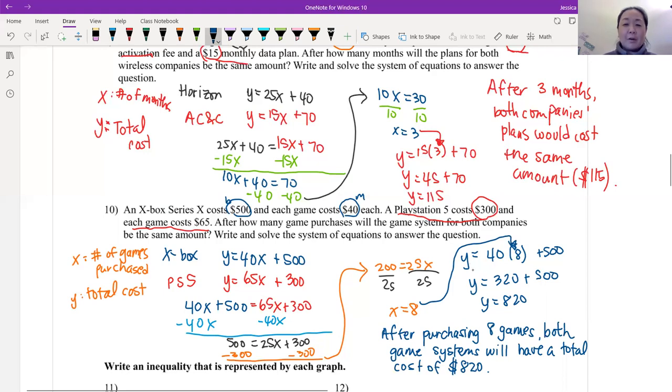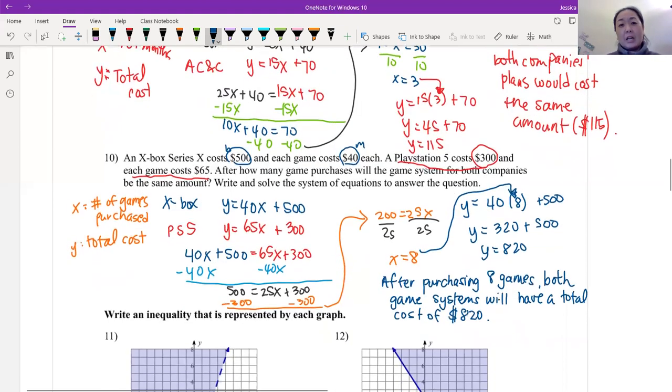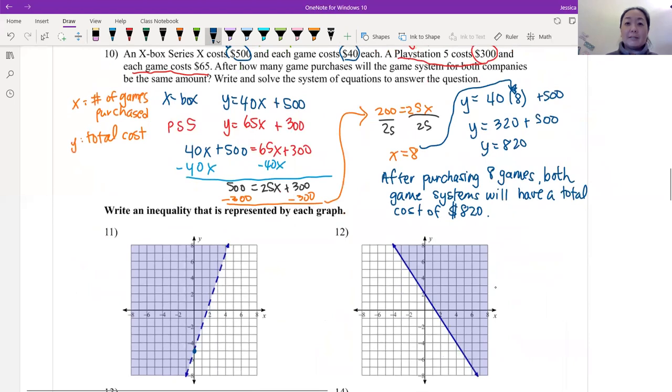That's a lot of money. Again, this is not all at once because usually you don't buy games all at once, but 800, that's almost $1,000. That's a lot of money.